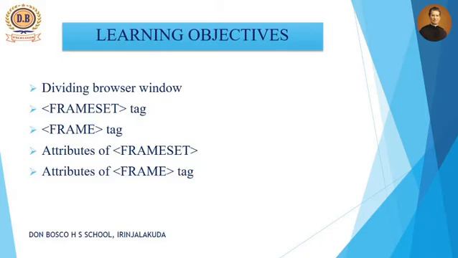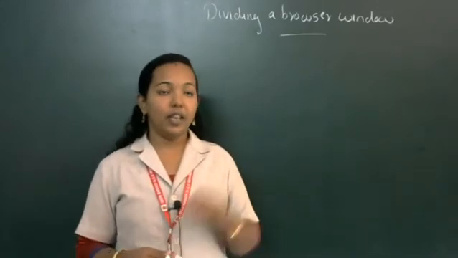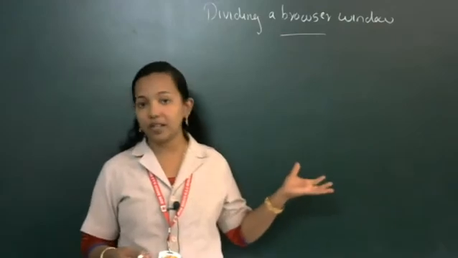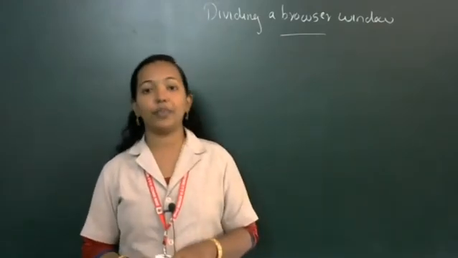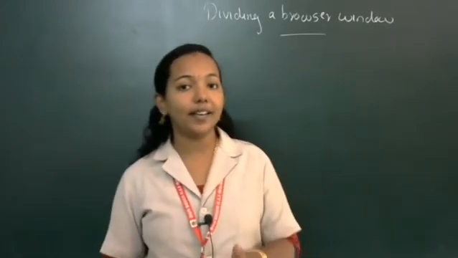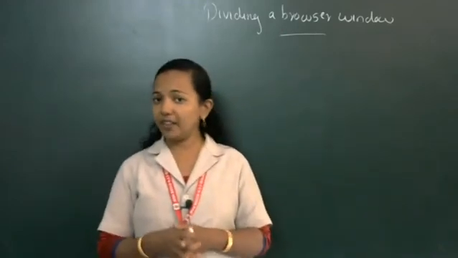Then next we are going to discuss the attributes of frameset and also the frame tag. Okay, so this is our learning objective. In this video we are going to discuss how we divide a browser window, and with the help of the frame tag and also the frameset tag we are going to divide the browser window vertically and also horizontally. Okay, clear? So can we start?